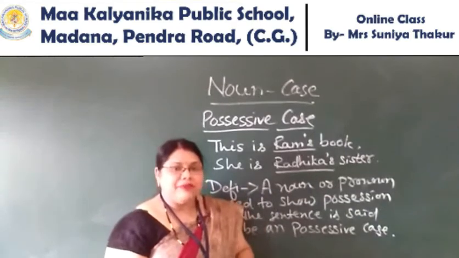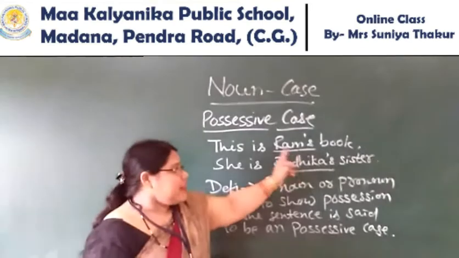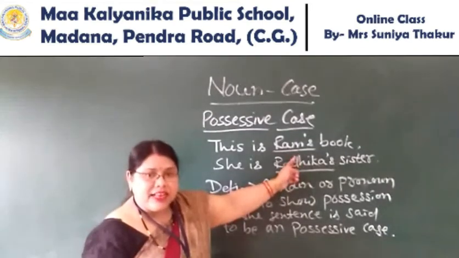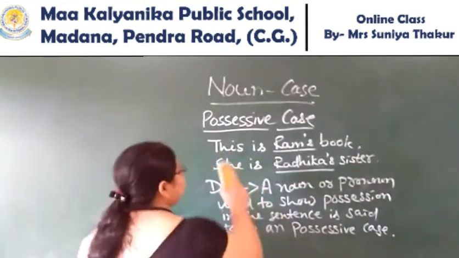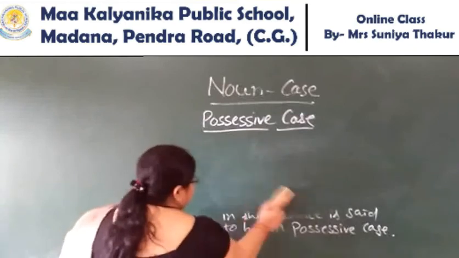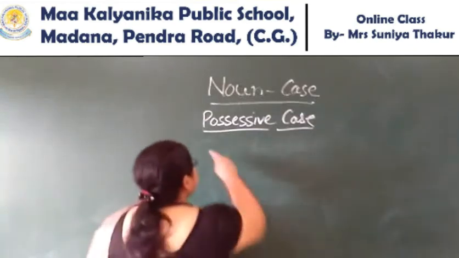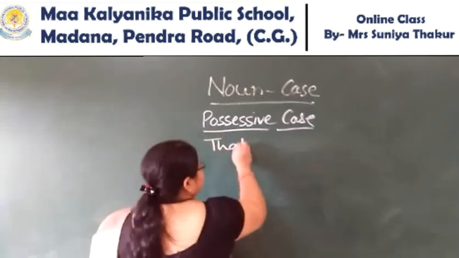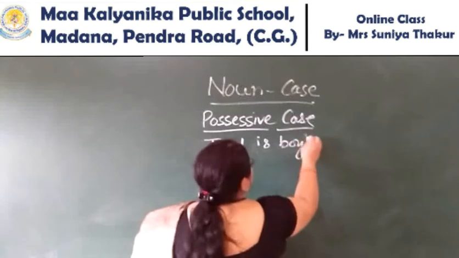Students, one more thing I will say. In possessive case, I have given you the singular form. If it is plural, then how to use it? One example only I am giving. Look at this. That is boys hostel.